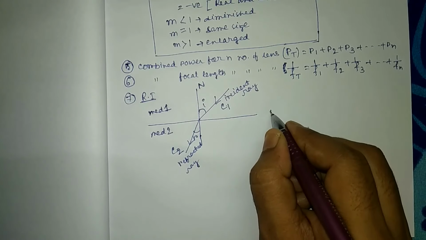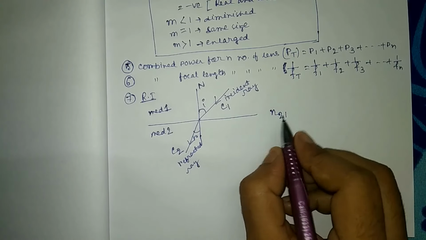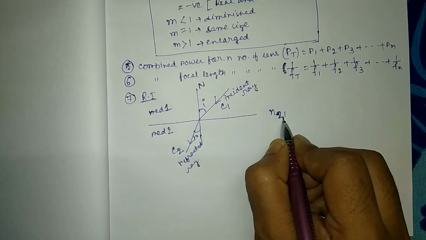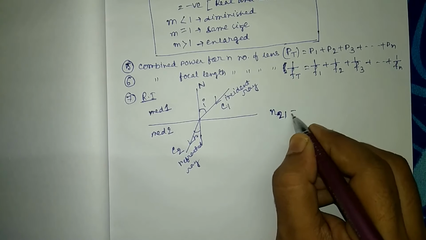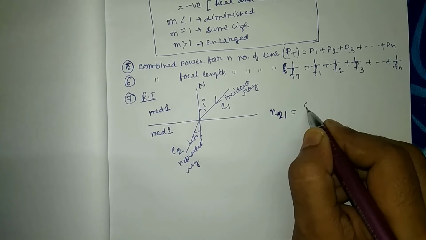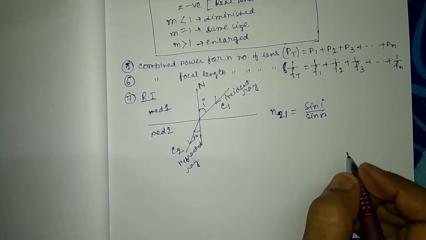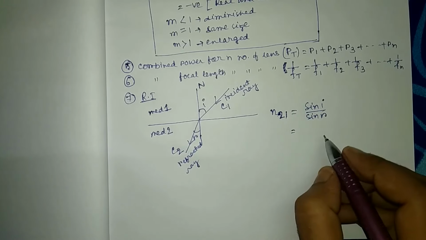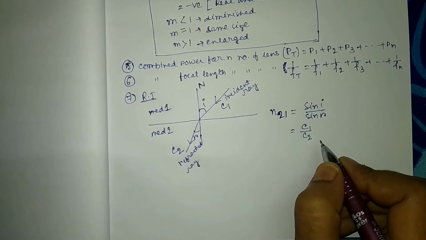then the refractive index N21, that is refractive index of second medium with respect to first medium, will be equals to, from Snell's law, sin I by sin R. Another formula is equals to C1 by C2.